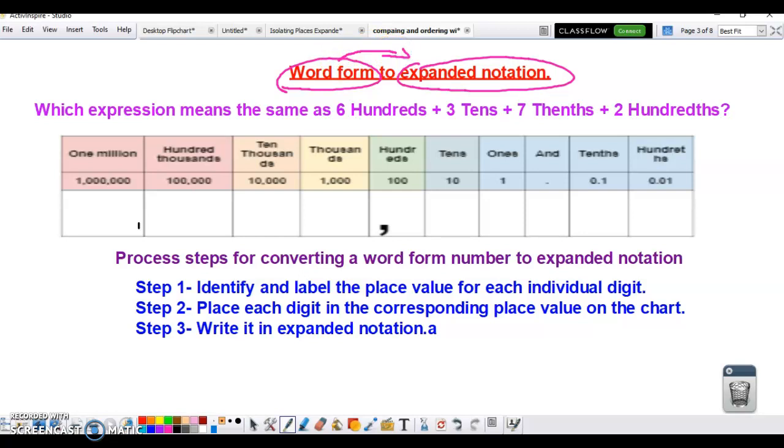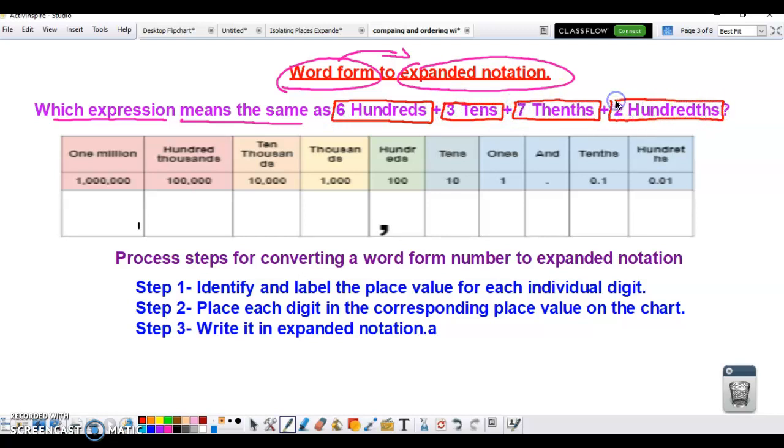As Mr. Pulido mentioned earlier, we need to follow the steps, but before we do that, we're going to read the problem, which says, which expression means the same as 6/100, 3/10, 7/10, and 2/100. Okay, so now that I've read the question, I'm going to go ahead and follow my steps.